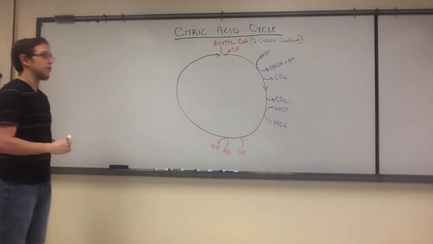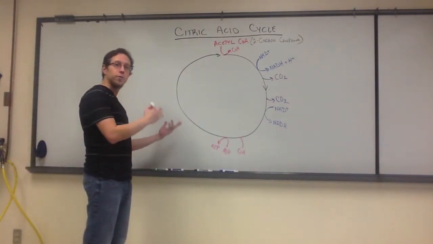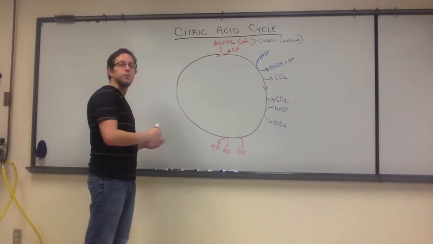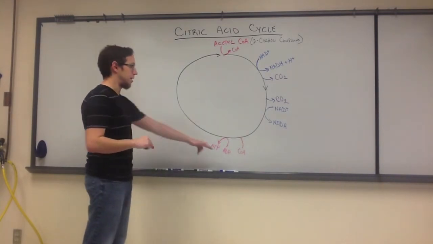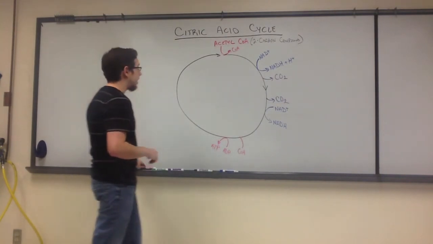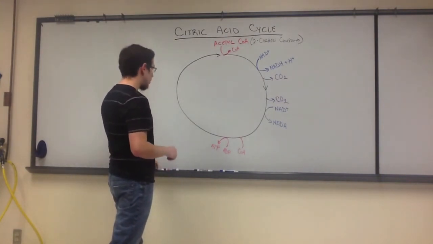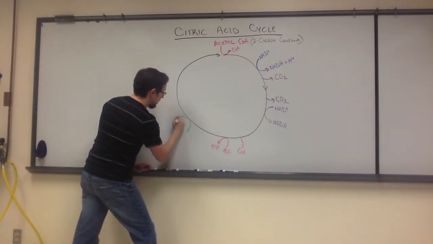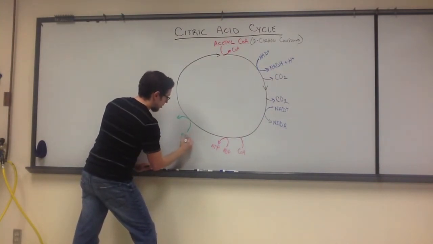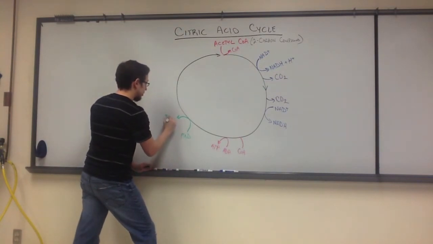And that's actually through means of transferring the phosphate group first to GDP, which becomes GTP, and then ultimately we'll transfer that phosphate to ADP. Then we are going to reduce the molecule FAD to FADH2.